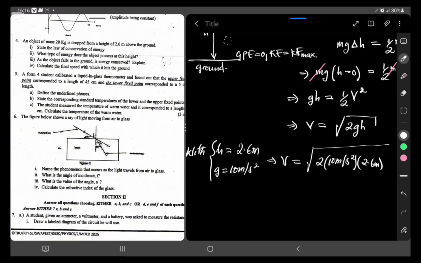If you quickly punch a calculator, you're going to have that velocity to be 7.21 meters per second. This is to 2 decimal places, and that is the velocity with which it hits the ground.